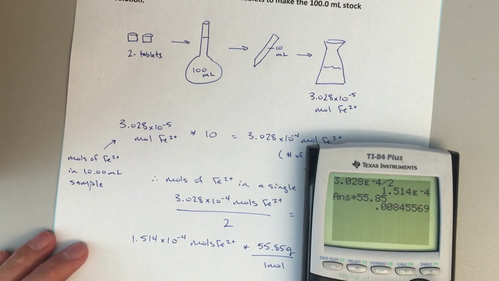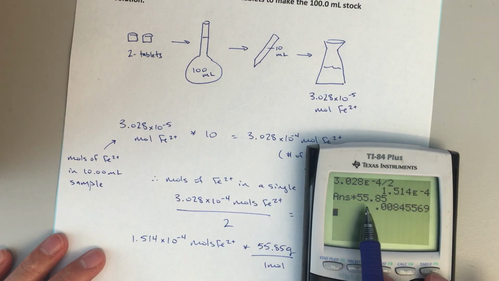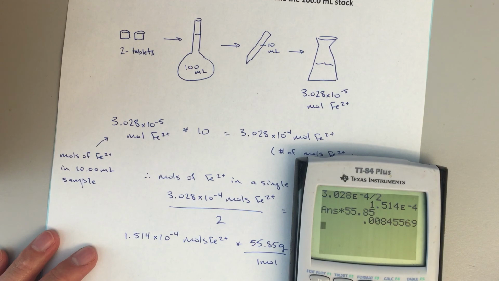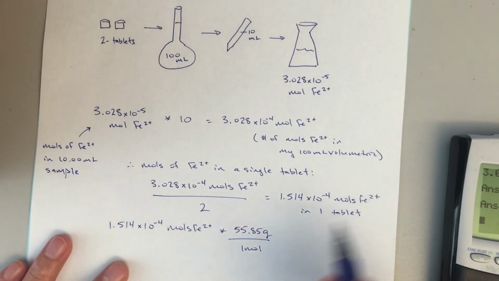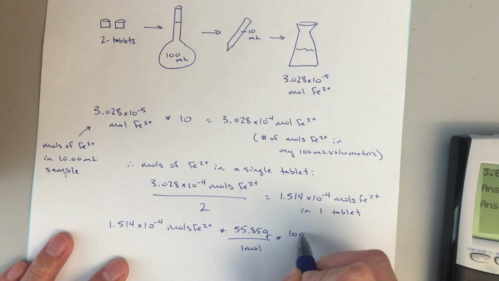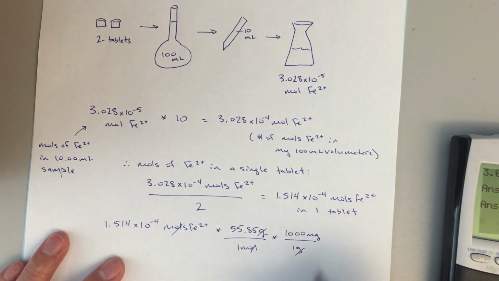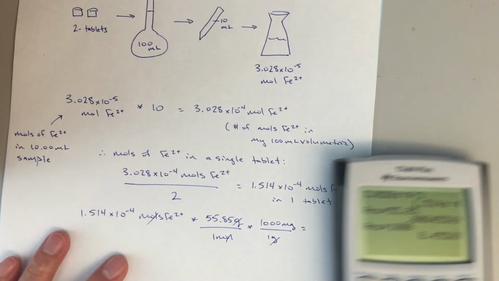On my calculator, I'm taking that answer because I want to carry those significant figures, and multiplying by 55.85. That gives the number of grams of iron, and I want to convert that right away to milligrams, so I multiply by 1,000 milligrams over 1 gram, so that my units cancel nicely. That will give me my final answer in milligrams.